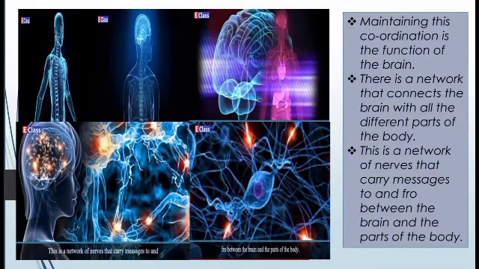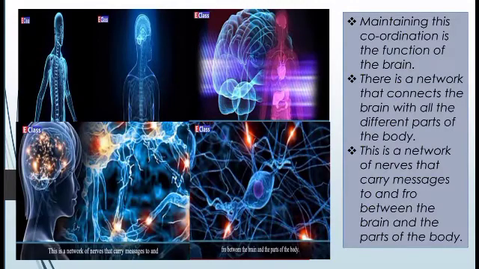So there is a network that connects the brain with all the different parts of the body. That is why when you ride a bicycle, along with your brain, along with your mind, your hands' and legs' movement takes place. This is a network of nerves that carries messages to and fro between the brain and different parts of the body. It is a kind of messenger.